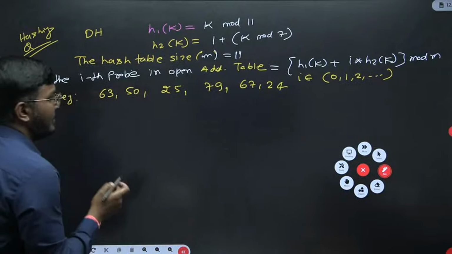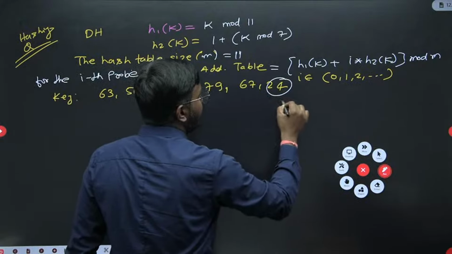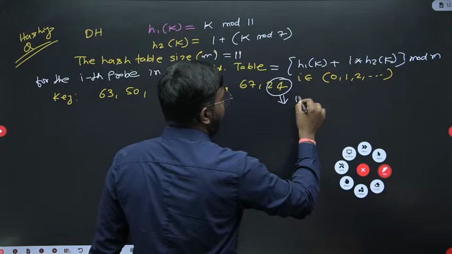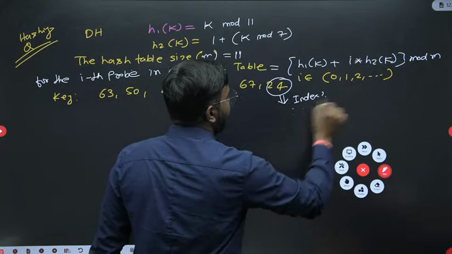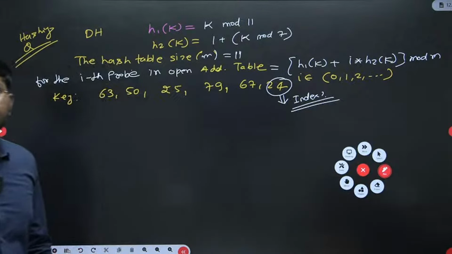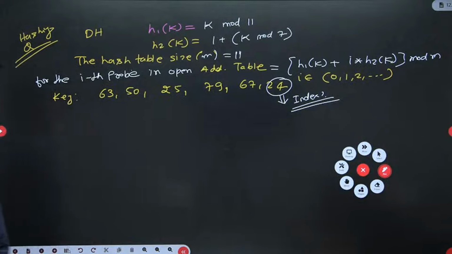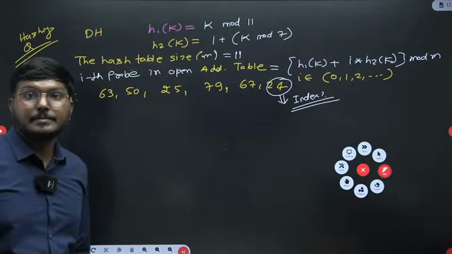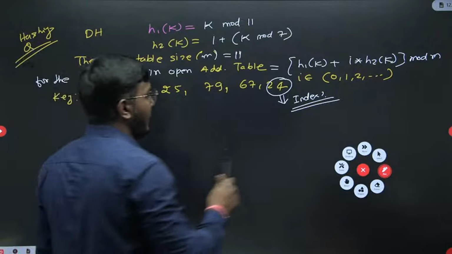The question was where this key 24 will be inserted, the index location. Anyone solve this question? Anyone? Okay, now see here.